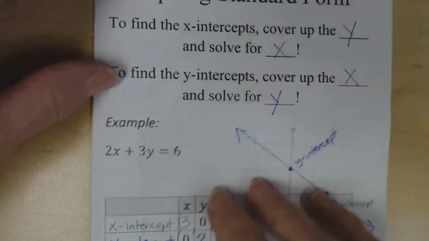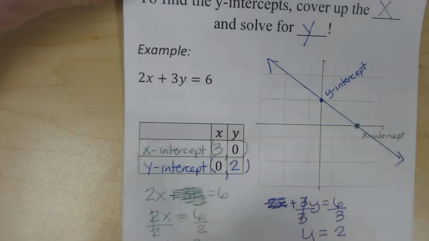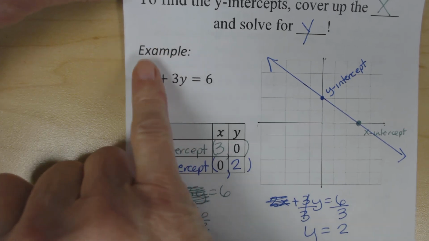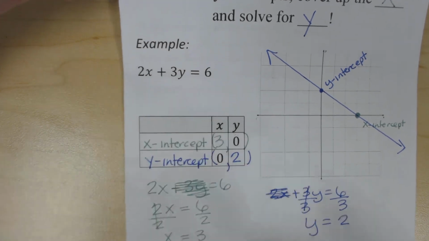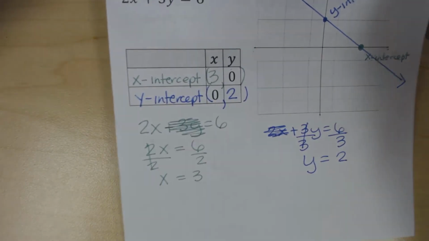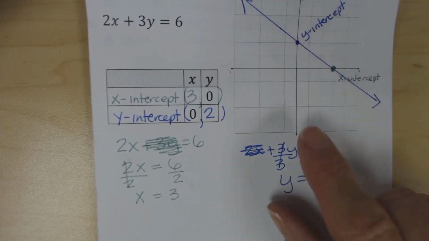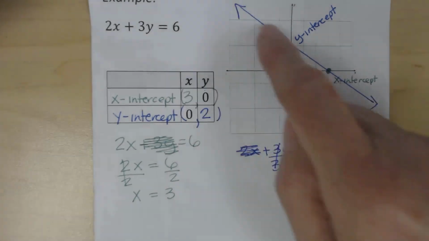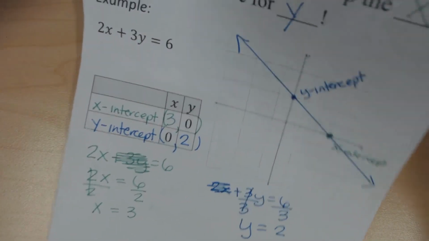And this is it for the notes for standard form. So what you have is how to find intercepts using the cover-up method, where if you're finding the x-intercept, you cover up the y, and if you're finding the y-intercept, you cover up the x. And this was the detail on that. And then you use those 2 points, your x-intercept and y-intercept, and connect them to graph your line.